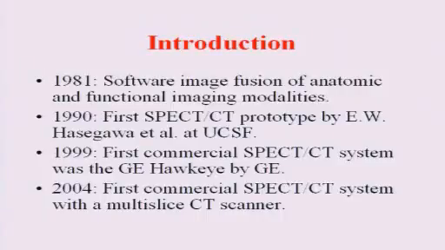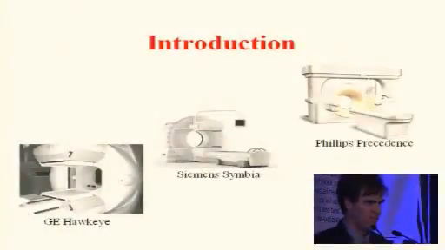Further improvement occurred in 2004, when the first commercially available SPECT-CT system with a multi-slice CT scanner was made available. Today, the three major manufacturers of SPECT-CT hybrid systems are GE, Siemens, and Philips. They all produce very good cameras.